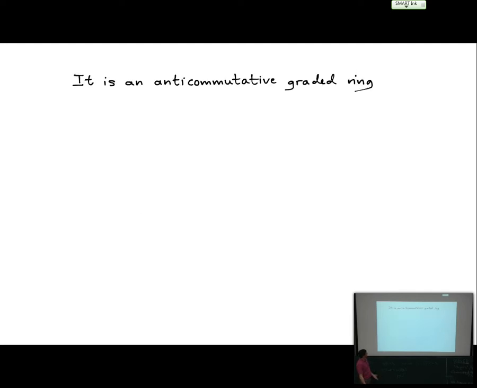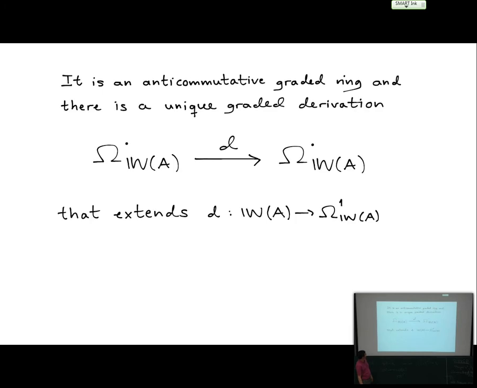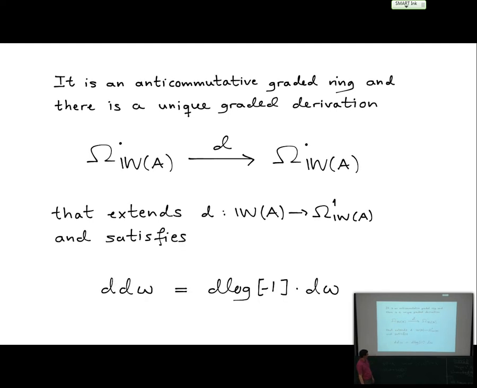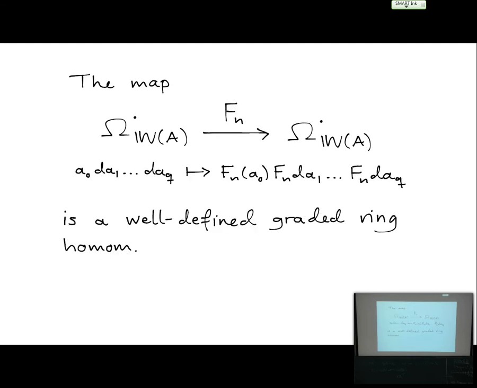Okay. So this de Rham complex, as usual, is an anti-commutative graded ring, and it has a unique graded derivation that extends the derivation into the Kähler differentials and satisfies this. So it's not a differential. So dd is not 0, but dd is equal to d times this 2-torsion class. And the Frobenius map extends.